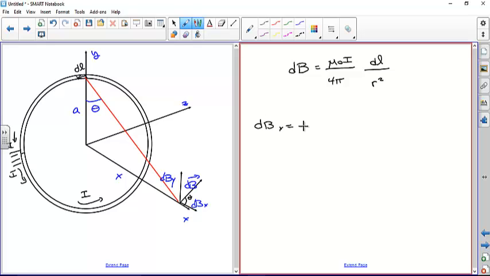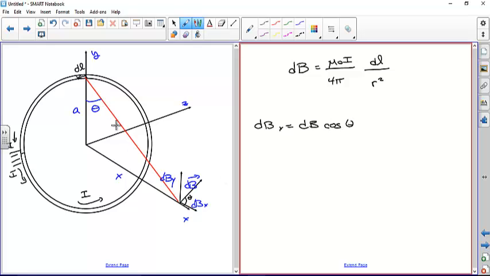So dB sub x is going to be dB, the magnitude of the total magnetic field vector, times the cosine of the angle theta. And the cosine, because the dB sub x is the adjacent side to the angle theta. For dB sub y, you'd have to use the sine of theta, but we're only going to worry about this one, which is the cosine of theta.